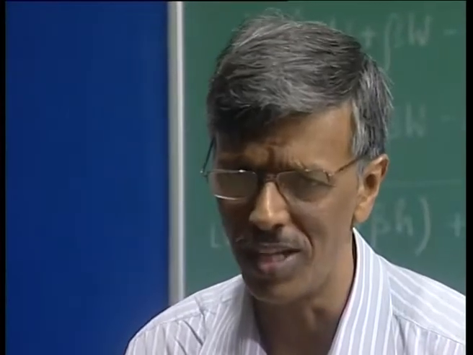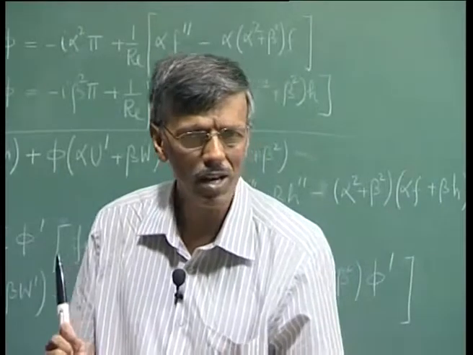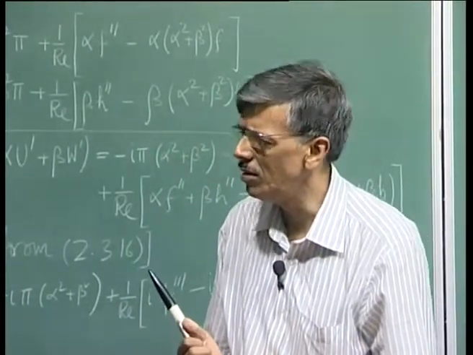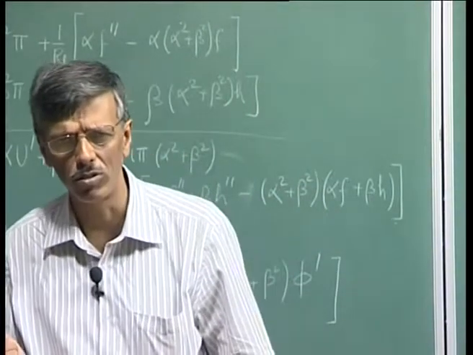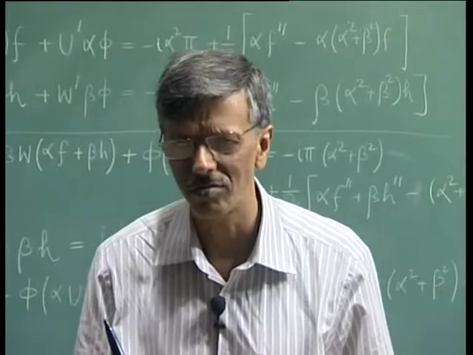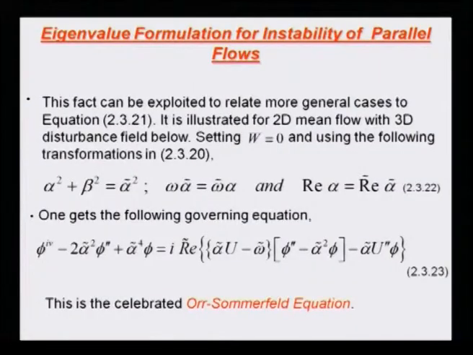Which one should we study? It is a very legitimate question to ask. Your initial reaction would probably be, let us go for the most generic case, the 3-dimensional disturbance field. But what we are trying to show here is that this is not necessarily the smartest thing to do. Let us work it out.